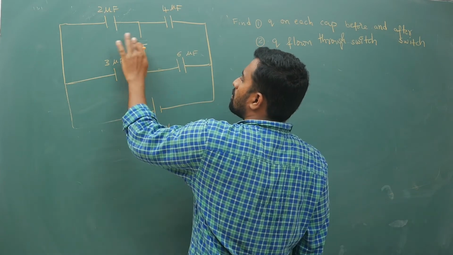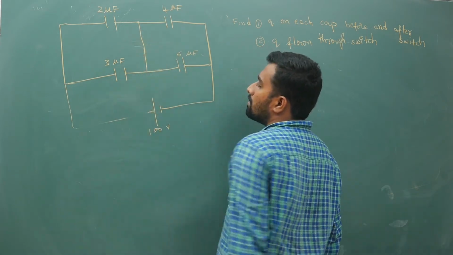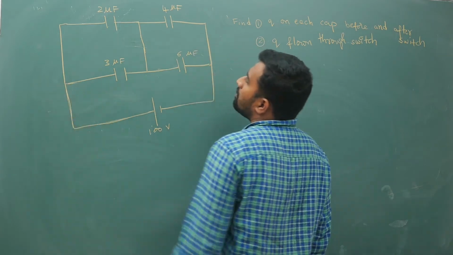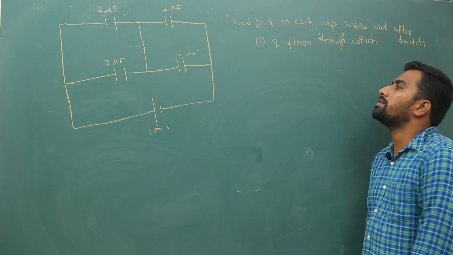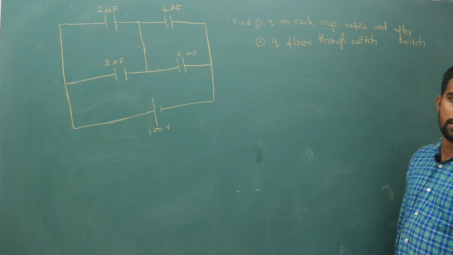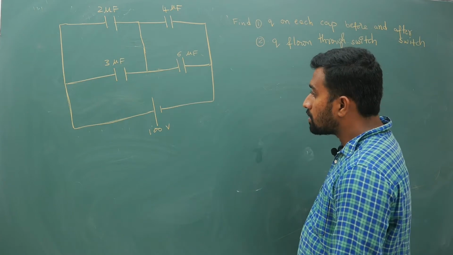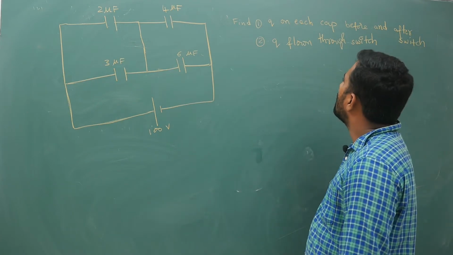You have nothing here. This is your closed branch. Now after closing the switch, I will try to calculate what is the charge on each. Hope you have copied down the previous part. So now let us start doing.